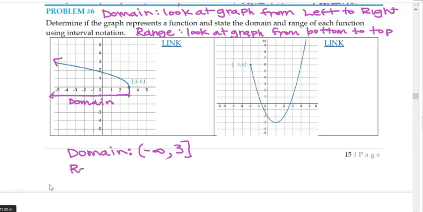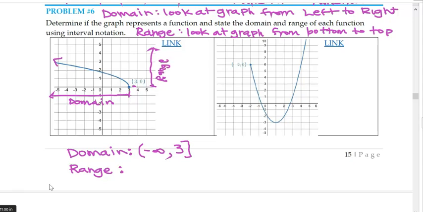And then the range, we're going to look at from bottom to top. So we're going to start here. That's the lowest the graph is. And then we're going to look going up, right? From bottom to top is how we need to write this. And this is our range.